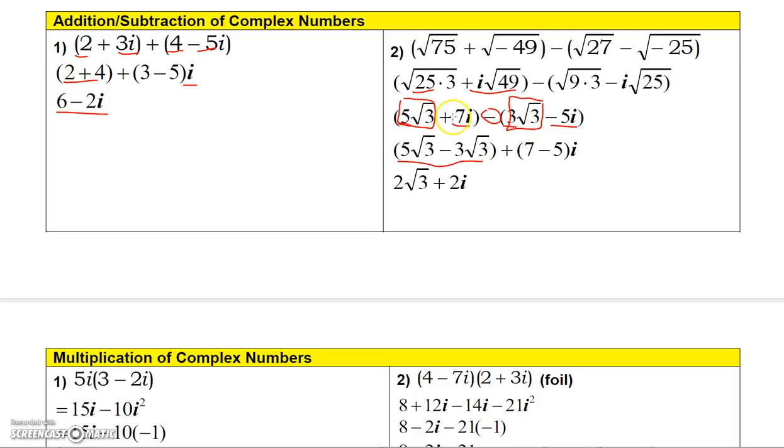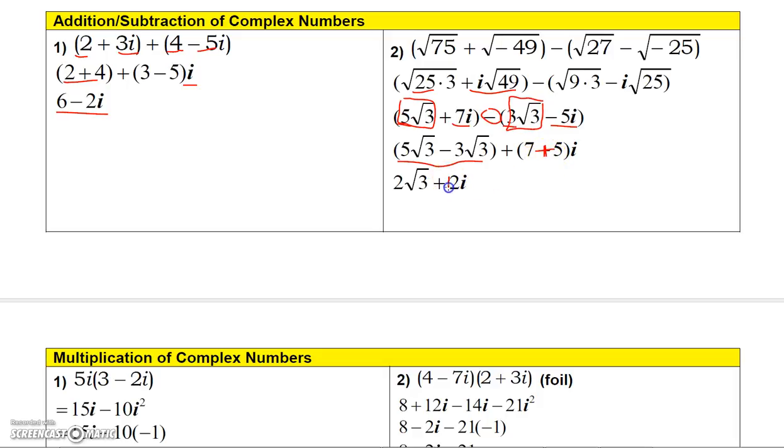And then I have 7 minus negative 5. So it looks like I blew it here. 7 minus negative 5 is actually 7 plus 5. I just did that to show you how easy it is to mess up these signs. But it's minus a negative, so that would be plus 5i.